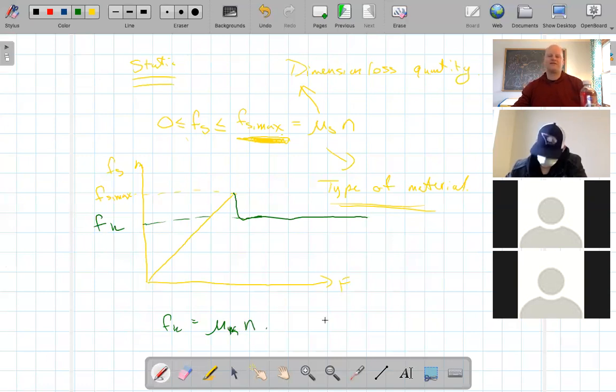This is always going to be constant, which means as long as that thing is moving, no matter how hard I push on my water bottle, the kinetic friction will always be constant. It won't increase, it won't decrease. It will remain the same at all times. So it's constant regardless of external force.